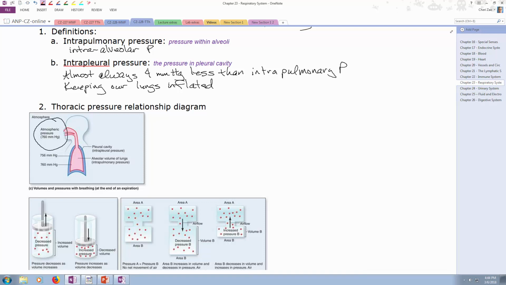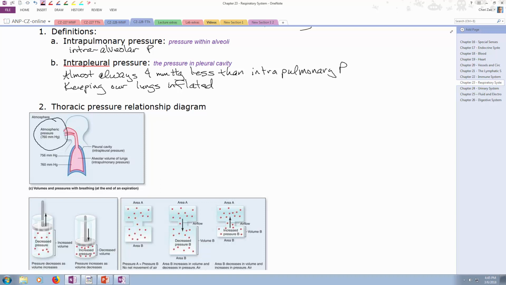So when we're out in a vacuum, that means there's no gases. So right here, there's gases all around us, and they're exerting their effect on us, and it's 760 millimeters of mercury. Well, what's the pressure inside your nasal cavity? 760 millimeters of mercury. What about your pharynx? 760 millimeters of mercury. What about your trachea? 760 millimeters of mercury. All the way down.